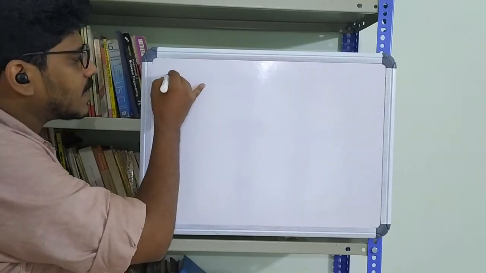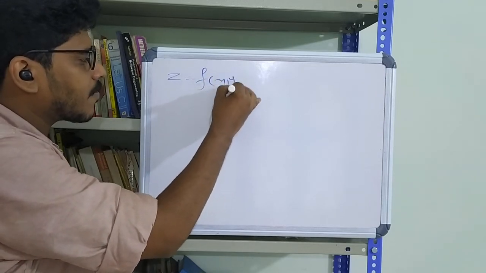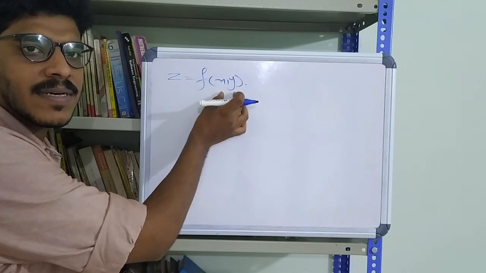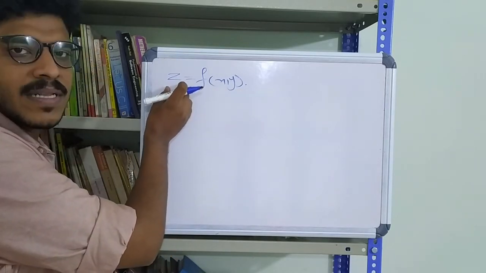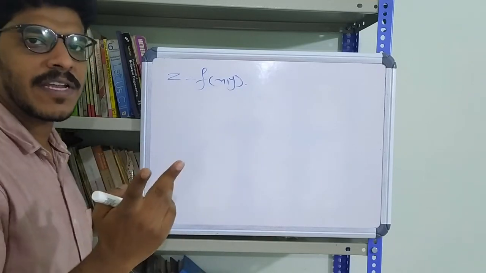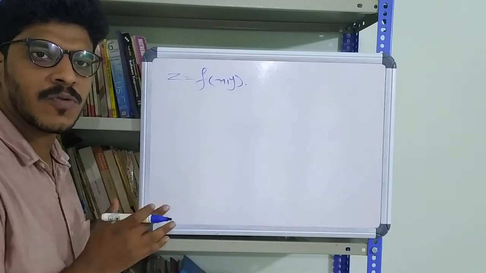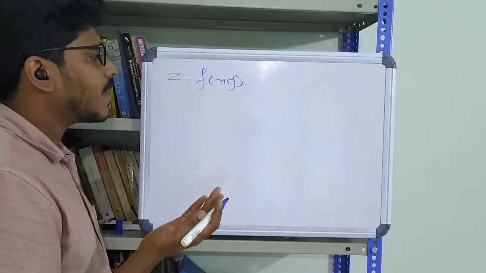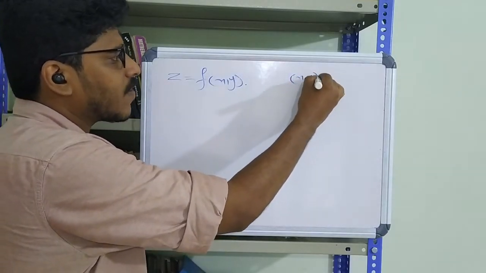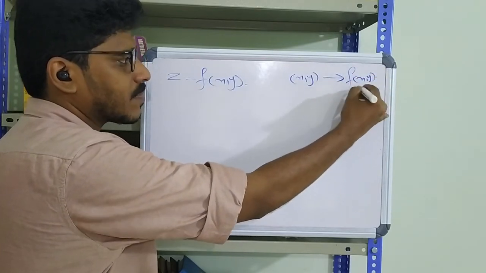So, consider a function of the form z equal to f of x, y. Here we have two independent variables and a single dependent variable z. So this function is a function of two variables. This is a rule assigning (x, y) to the value f of (x, y), or z.